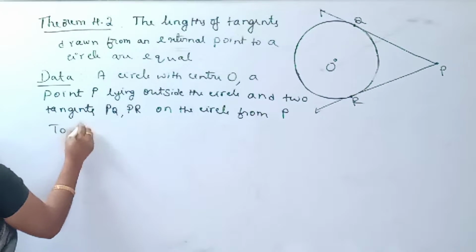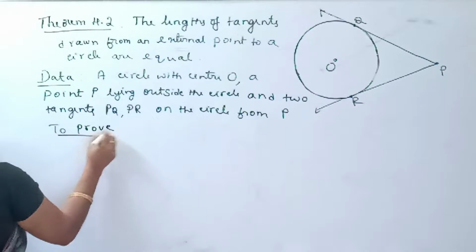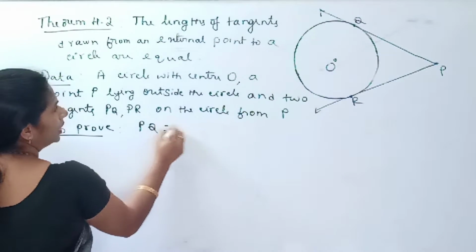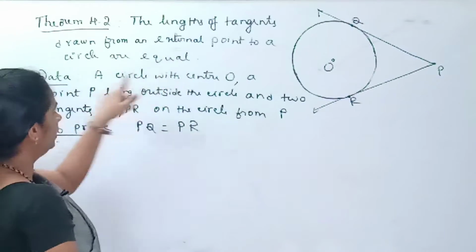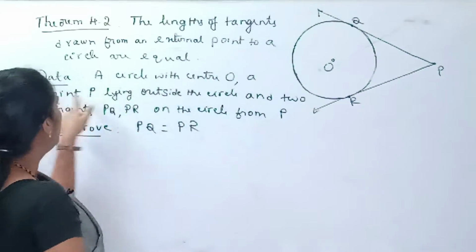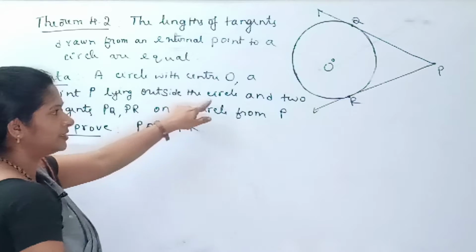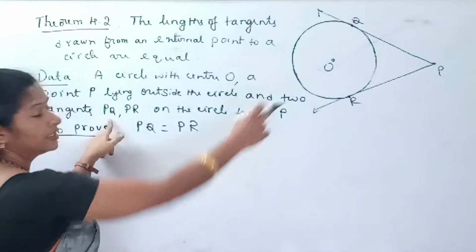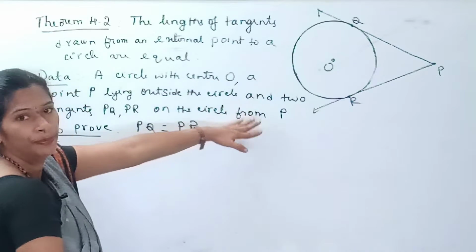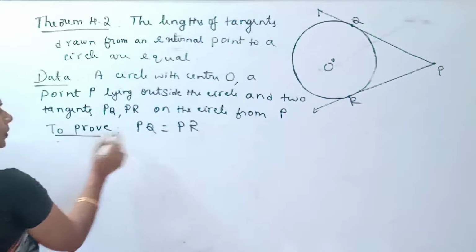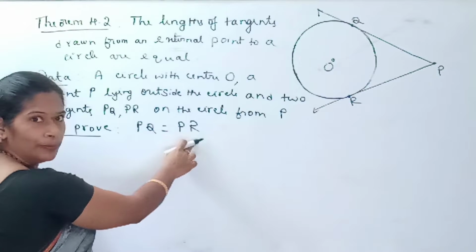To prove PQ equal to PR. Given: a circle with the center O, a point P lies outside the circle, and 2 tangents PQ and PR on the circle from point P. Now we have to prove that PQ is equal to PR.